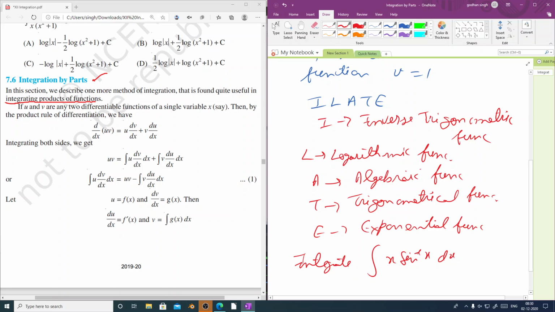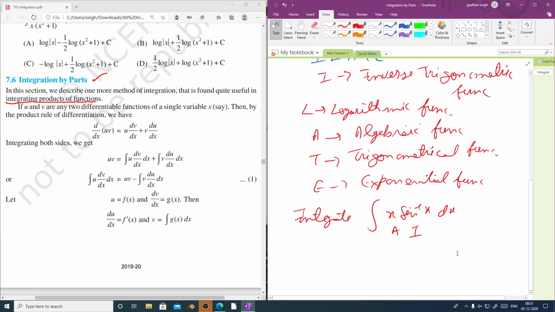Now, here you can see that this is an algebraic function, and this is the inverse trigonometric function. In this order, I is coming first and A is coming later on. So, we will just rearrange it.